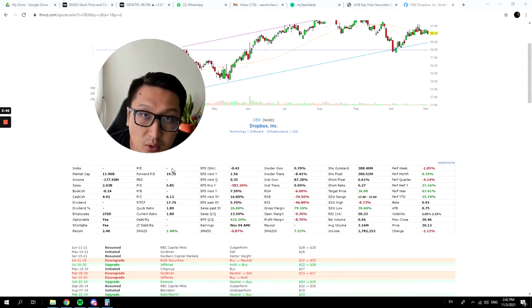They are expected to grow earnings and be profitable four quarters later. If we take 11.9 billion divided by the forward PE, we get the earnings needed to reach a forward PE of 19.